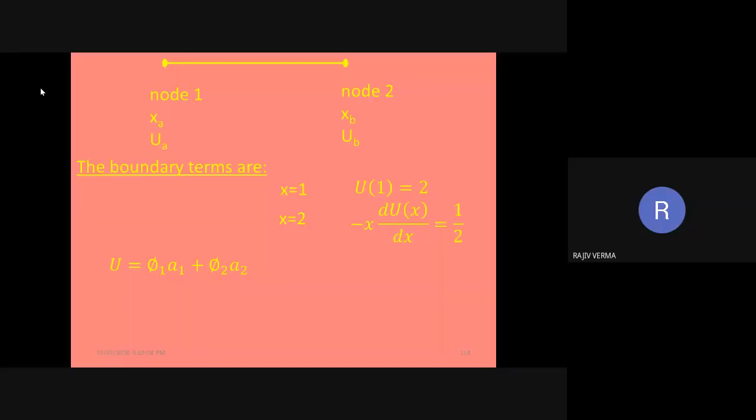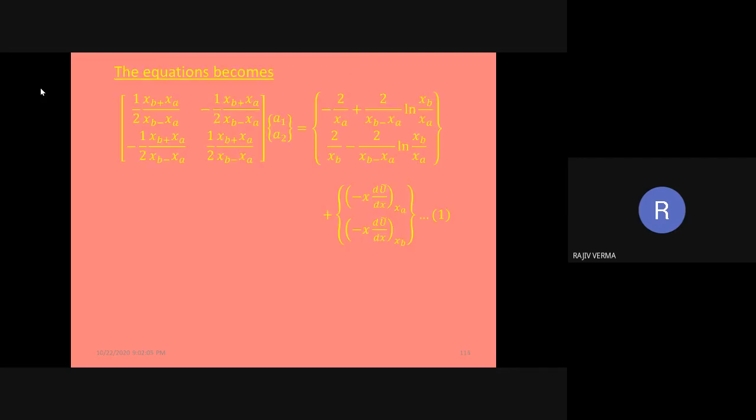Since we are taking a linear element, the expression for the parameter is given by u is equal to phi1 a1 plus phi2 a2, where phi1 and phi2 are obviously linear polynomials given by expressions on display.